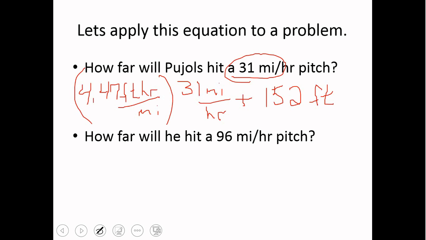All right, and so notice here, we go ahead and calculate that out, and we get a distance traveled equal to 291 feet.